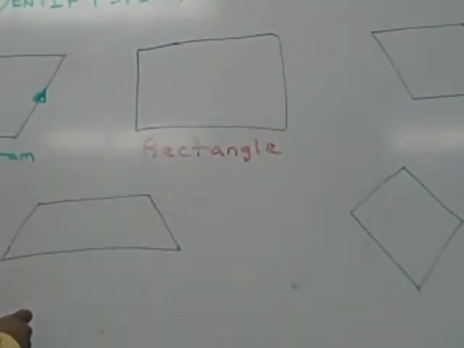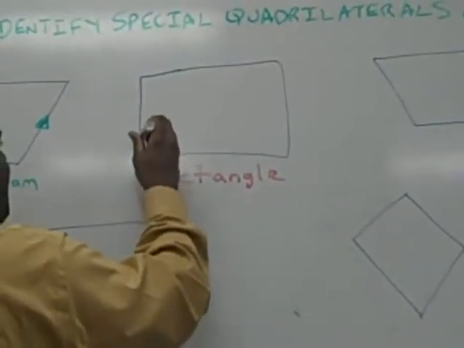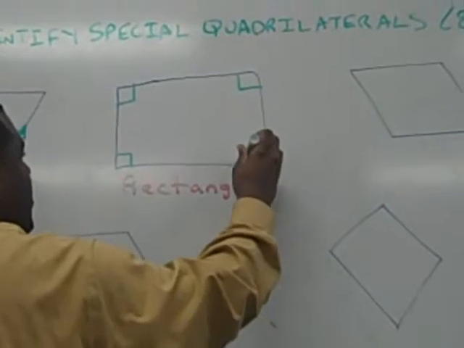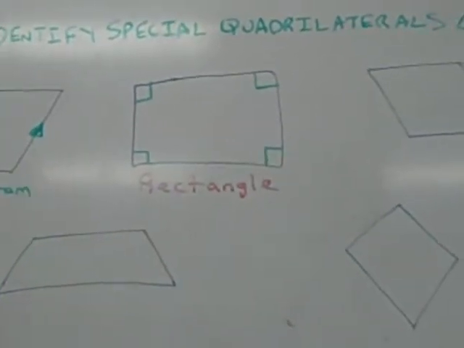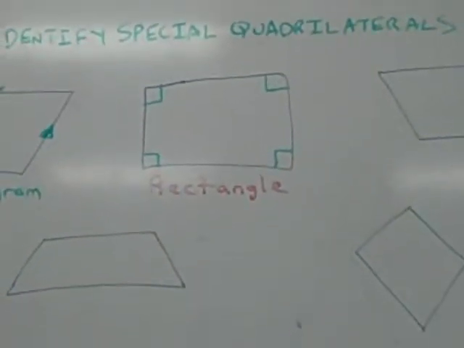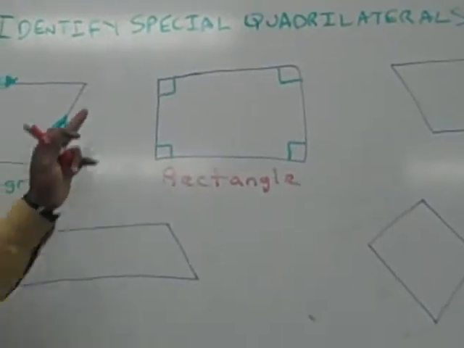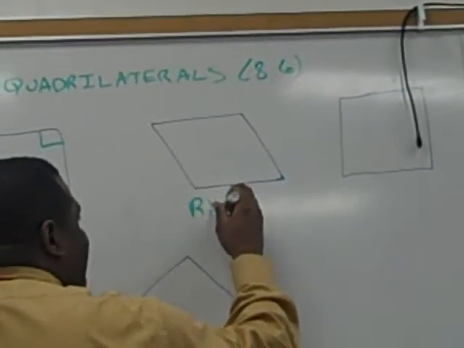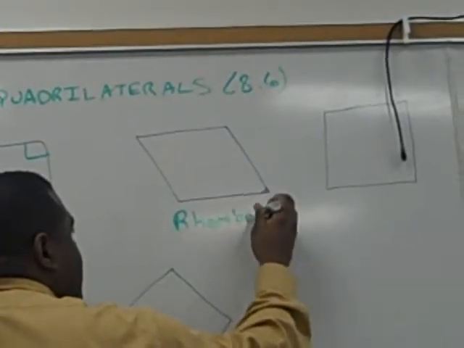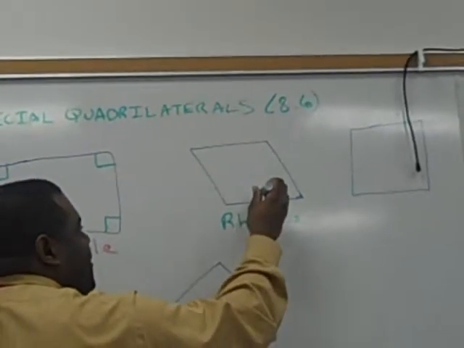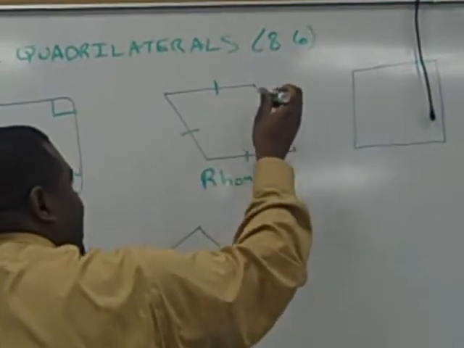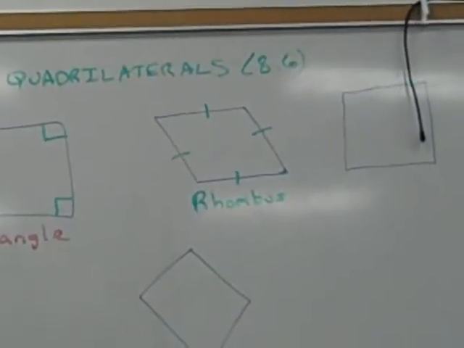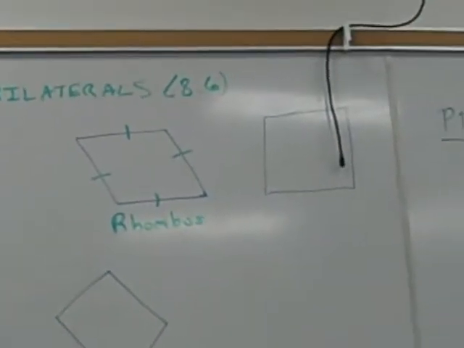And remember, a rectangle has 4 right angles. And of course, all of those are congruent. Now, let's go to this shape. We'll call it our rhombus. Remember, a rhombus has 4 congruent sides.